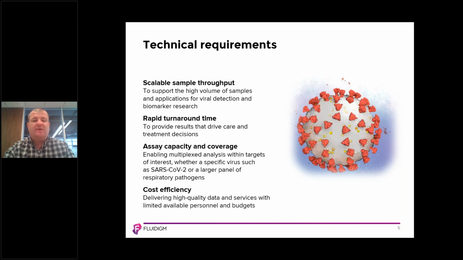And all of this is also required to occur with high cost efficiency, meaning that we deliver high quality data and services within a limited budget to both the personnel and the lab that we serve.